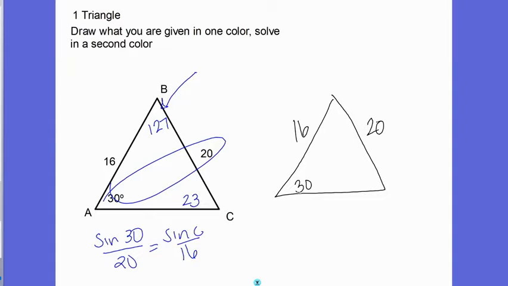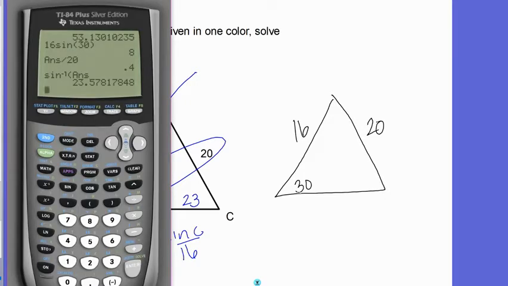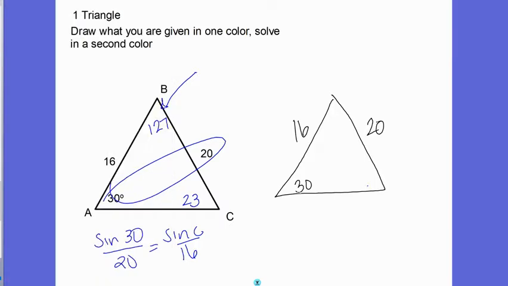And now I think the problem is that did I type this in right? Okay, 20. So I get 23. So I need to now take 180 and subtract 23. So right here, I'm going to do 180 minus 23, and I get 157.